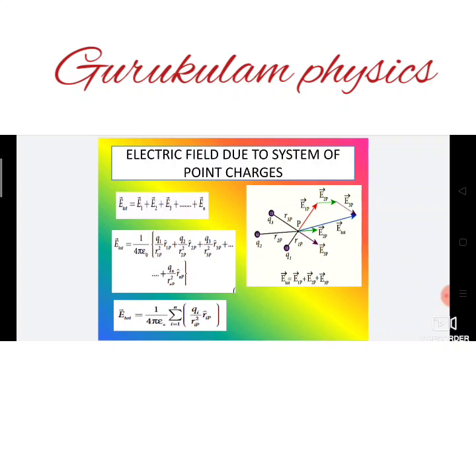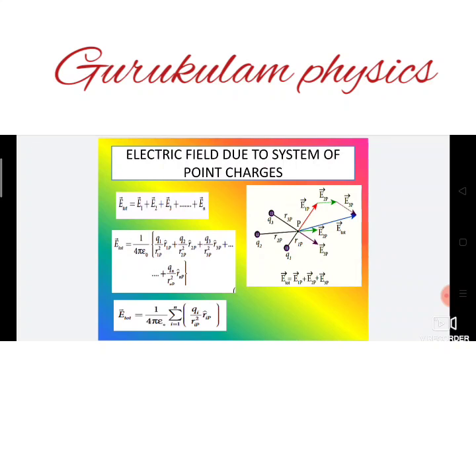Here, three charges Q1, Q2, Q3 are placed at different points. Let us consider a point P. The distance from the point P to Q1 is called R1P, the distance from P to Q2 is R2P, and the distance between Q3 and P is called R3P.